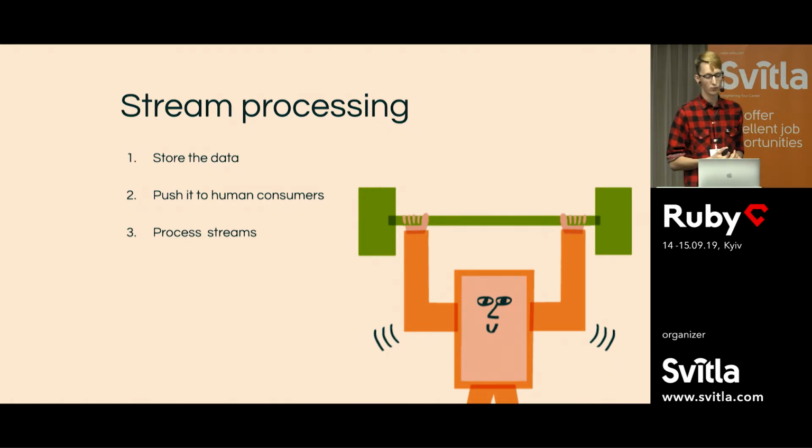And finally, we can process one or more input streams to produce one or more output streams. Streams may go through a pipeline consisting of several such processing stages. And eventually, they end up as output in either option 1 or 2.